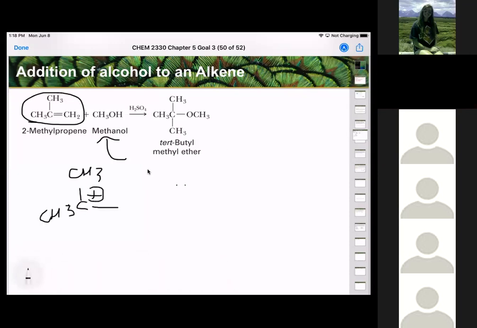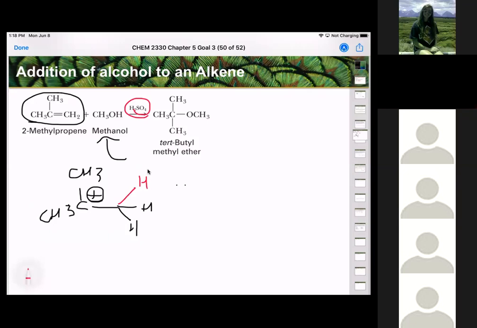We have a carbocation here, plus the two hydrogens that were on there to begin with. And then I'm going to add this hydrogen here, which is the one from the acid catalyst. Okay, so the first thing that has to happen is step number 1, proton transfer. We add a proton to it to give us this carbocation.